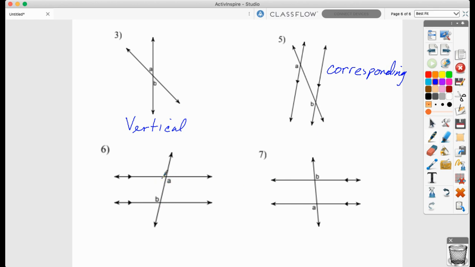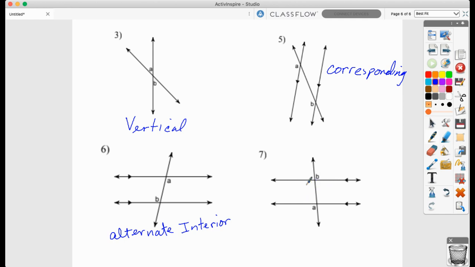Here, they're both on the inside of the parallel lines. They're both on the inside of the parallel lines on opposite sides of the transversal. So these are alternate interior angles. Okay, because alternate means opposite sides of the transversal, both on the inside of the parallel lines.